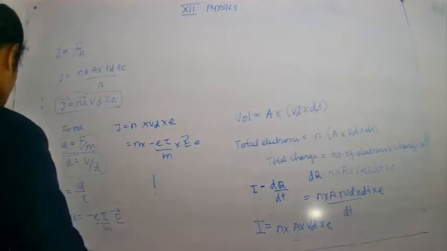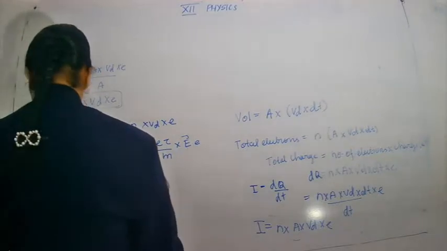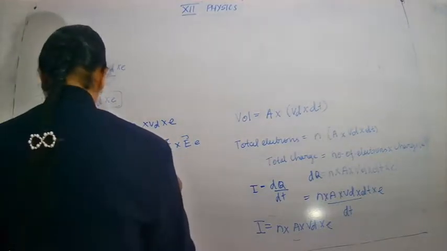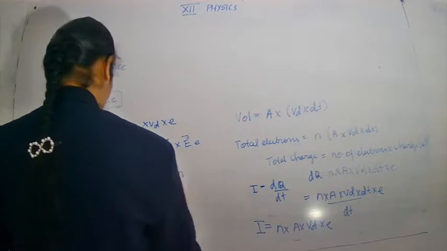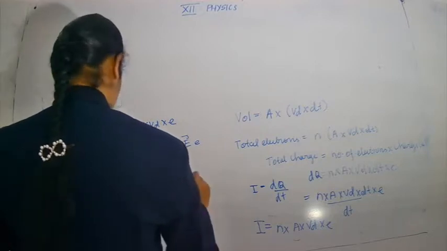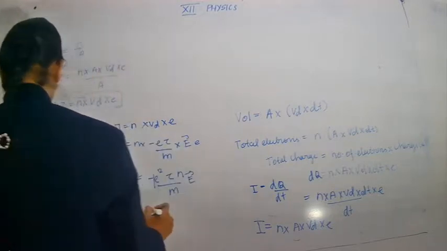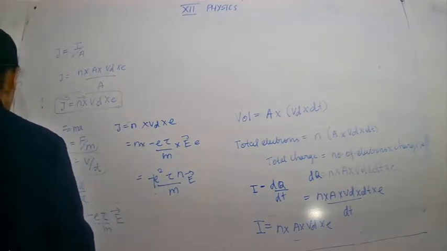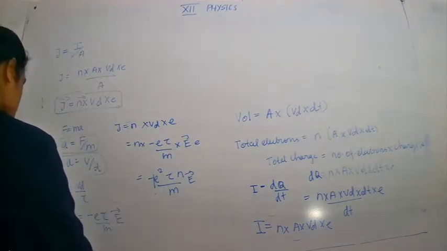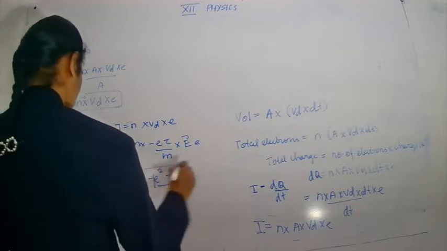Now what happens is equal to minus e square tau n by m into E vector. Okay, you understood? This is J.